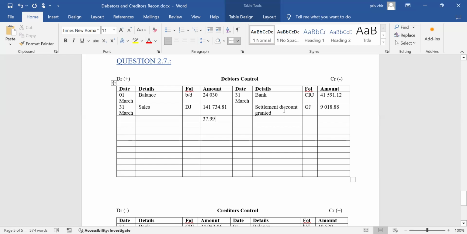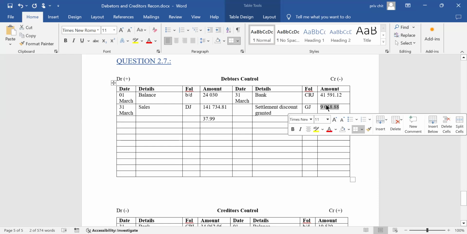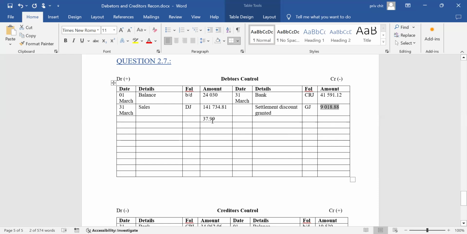For instance, if we had offered a customer discount of a total amount of 9,000, but we decide that 9,000 is too much and we want to reduce that amount by 37 rands, it means this amount will be reducing, but we have to show the reduction by debiting that amount. Does it make sense?